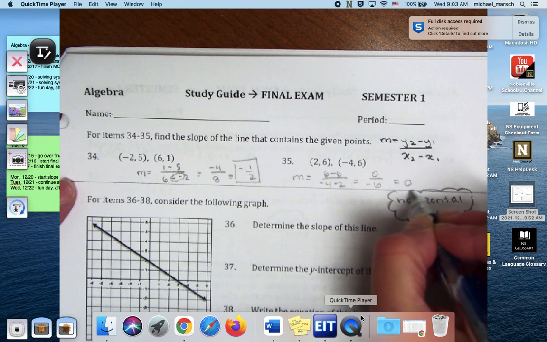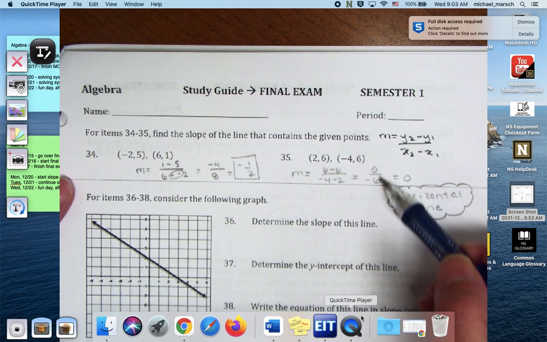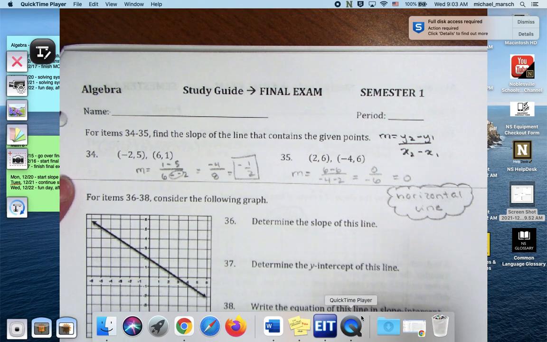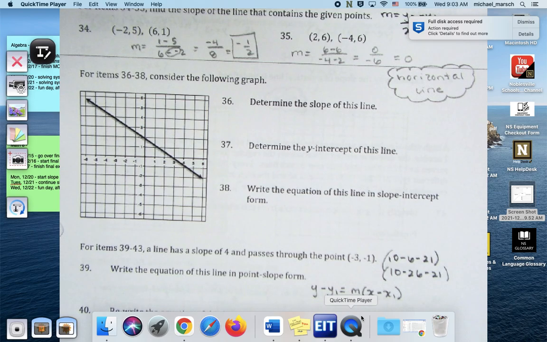Now if I had 0 in my denominator, that would be m is undefined, and that would be a vertical line. Because if you put in your calculator, 0 divided by -6, you're going to get 0. If you do -6 divided by 0, you're going to get error, which should be your signal like, hey, that's a vertical line.